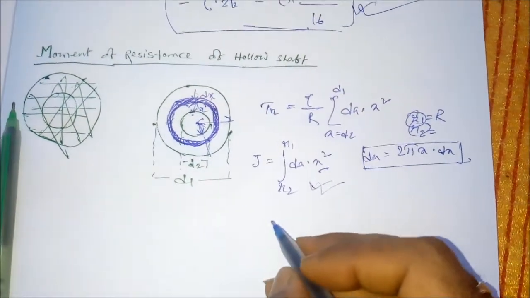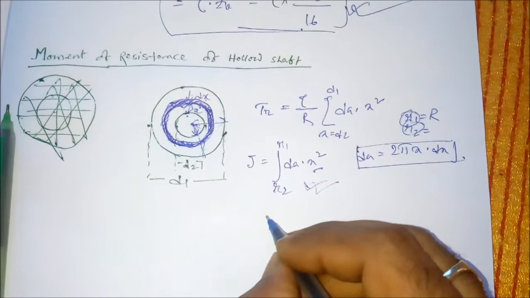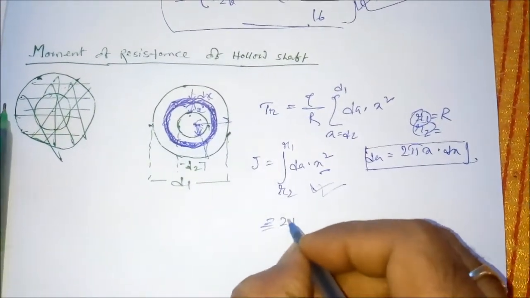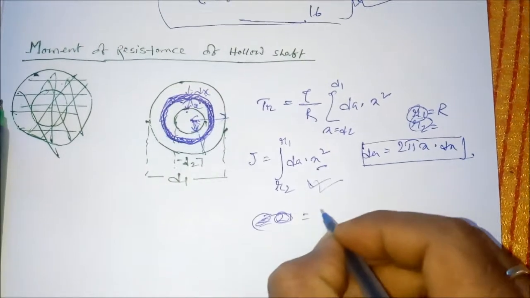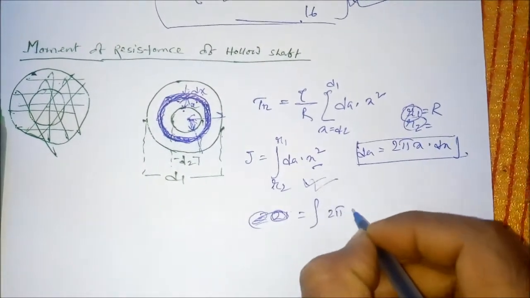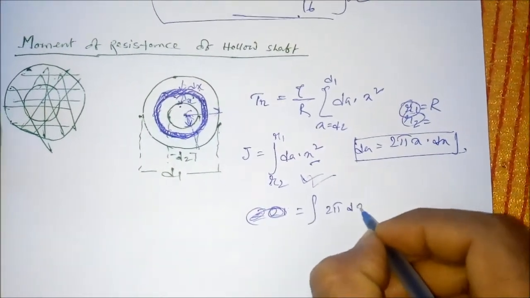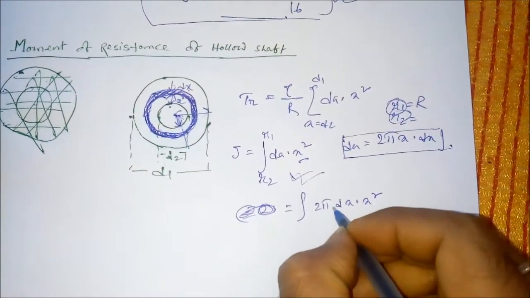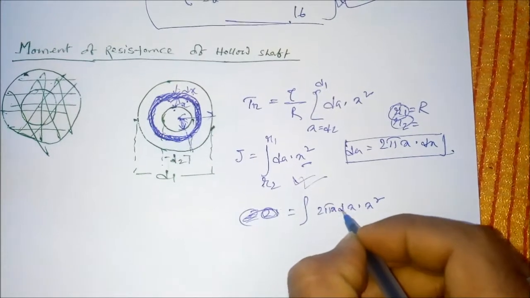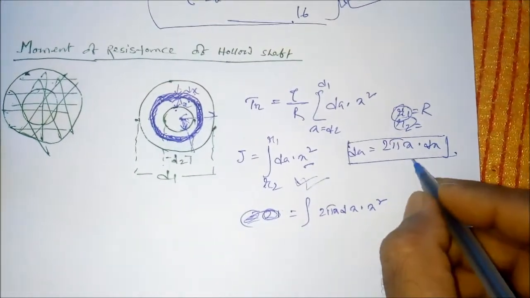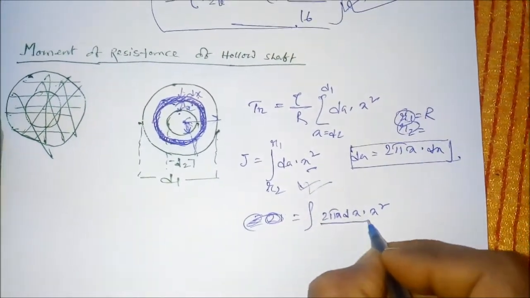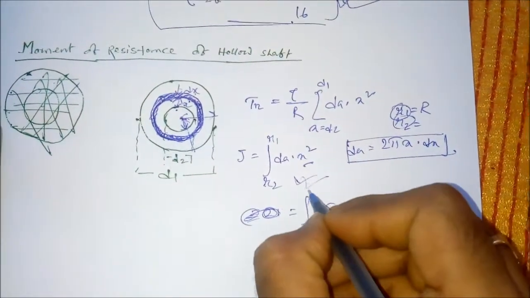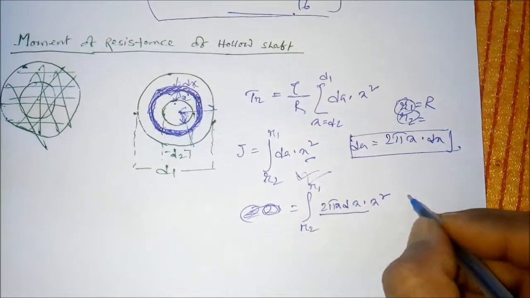Now if you find this value, it will equal the integration of 2 pi x dx into x squared. This is the area dA into x squared, and the limits are r2 and r1, right?